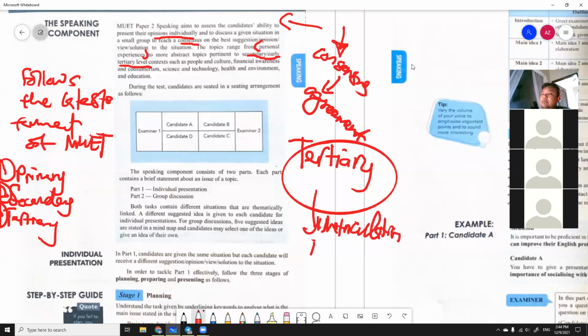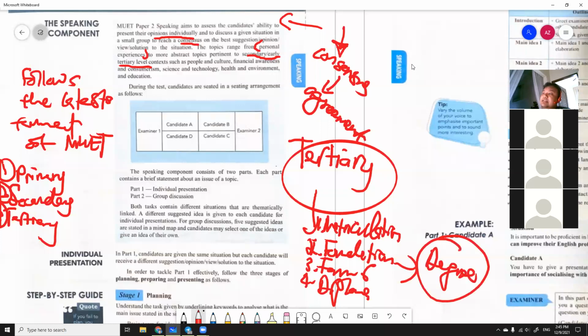foundation, Form 6, diploma, followed by your degree level later. This matriculation, foundation, Form 6, diploma is called pre-tertiary education.